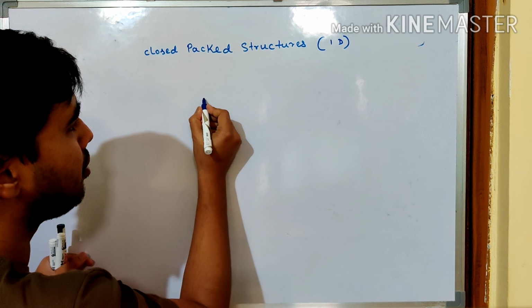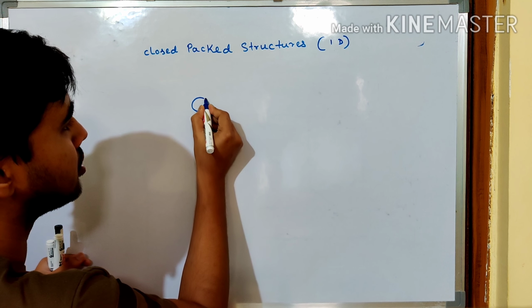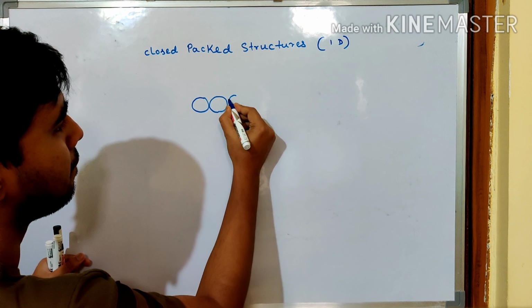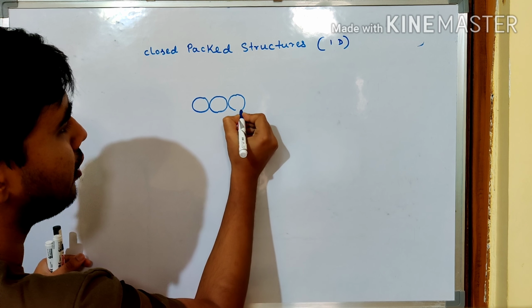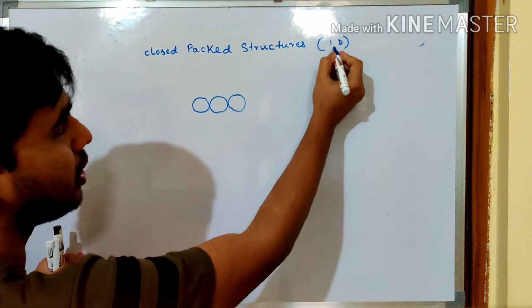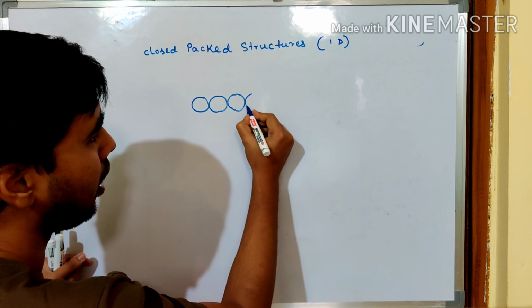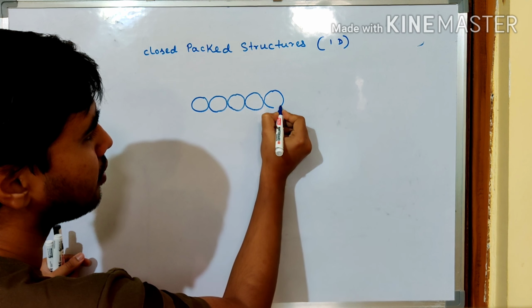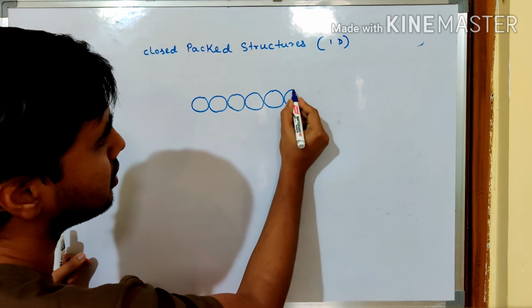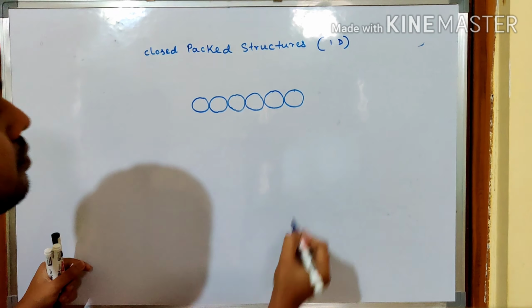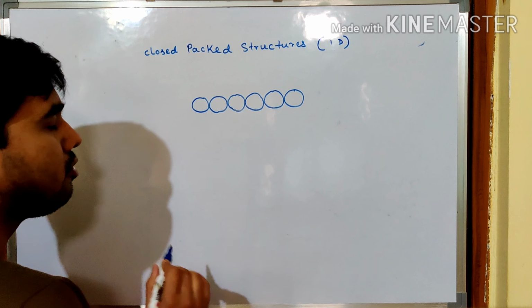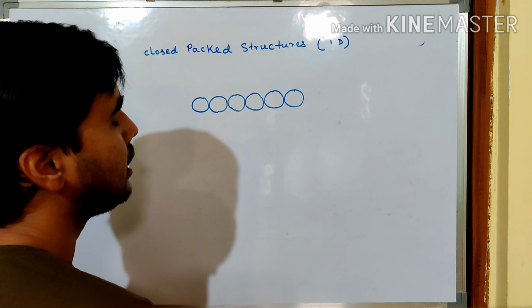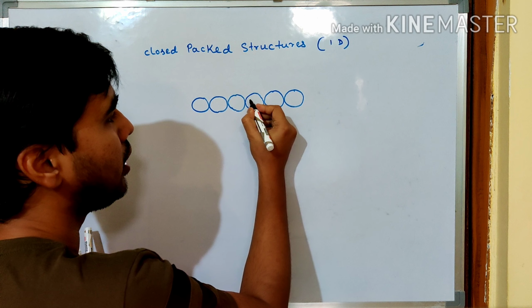One-dimensional means the atoms, suppose the spherical atoms, which I can draw only in one dimension now because we are considering one dimension, are in contact with each other like this. Here you see, suppose I am talking about this atom.